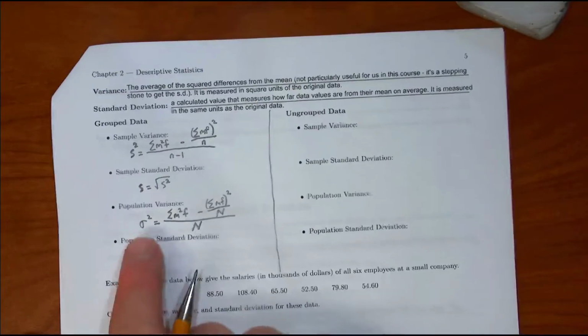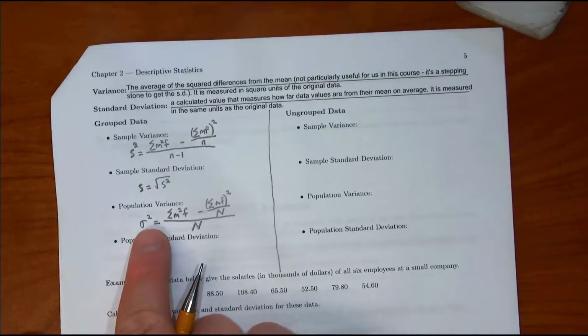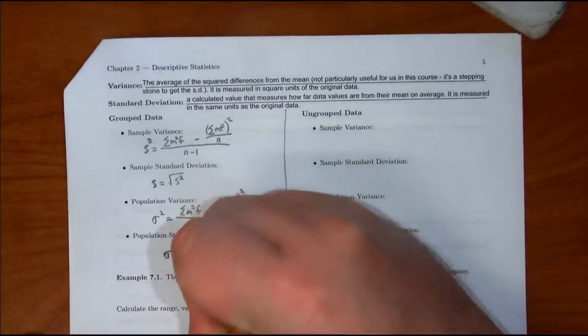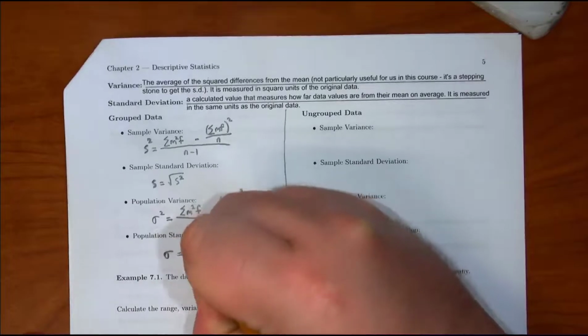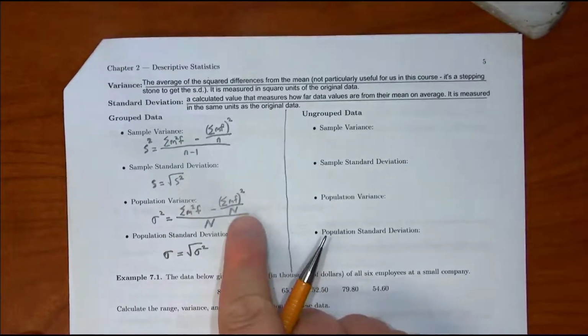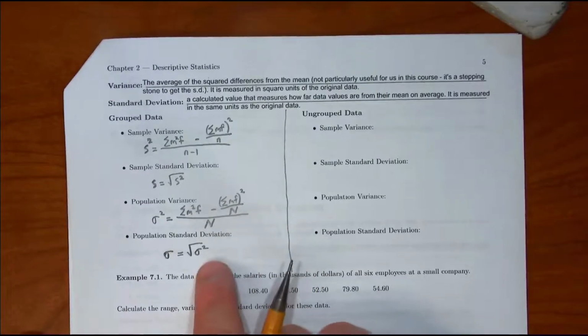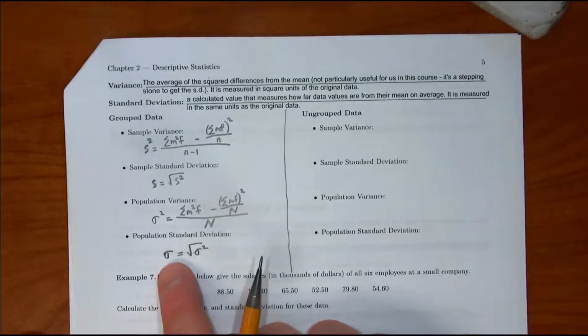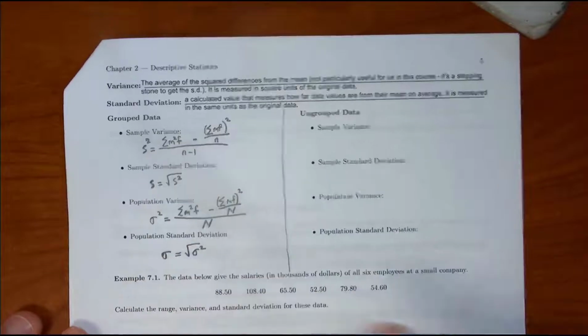Well, if variance is sigma squared, but you want sigma, what do you do? You take the square root of sigma squared. So again, you get that answer. That's your population variance. Take the square root to get population standard deviation. Okay? So these are all our grouped data formulas.